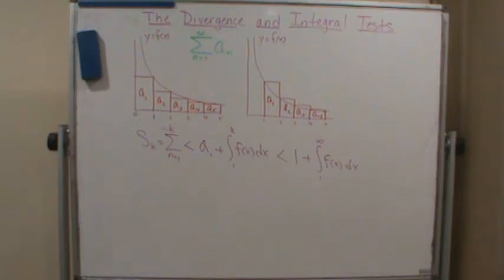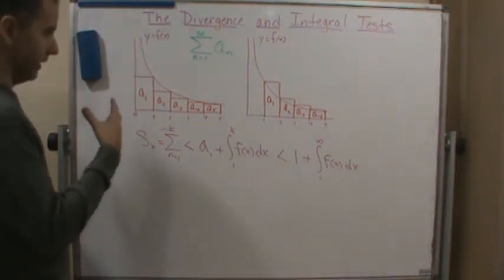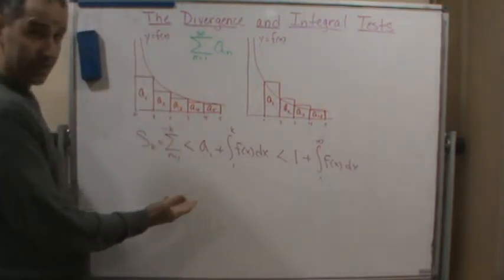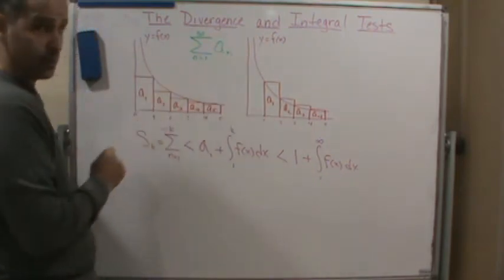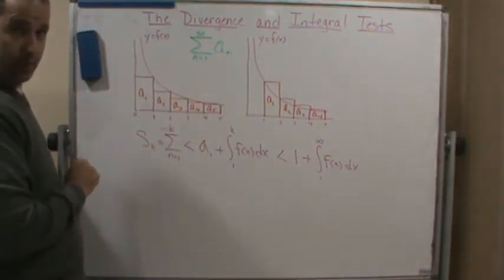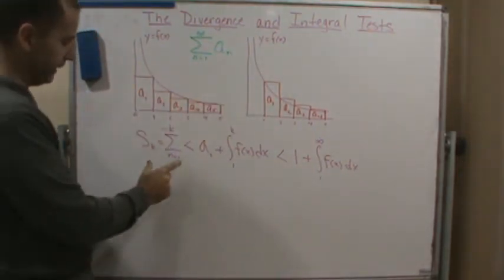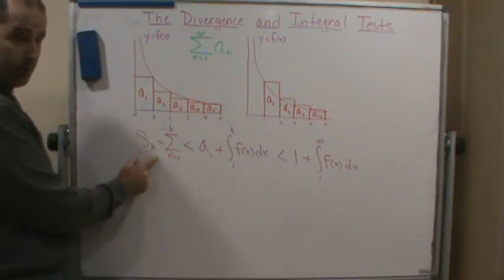So therefore, if the improper integral converges, then the sequence of partial sums is bounded. Now, this is an increasing sequence. Why? Because remember, all of the terms are positive, so it's going to be an increasing sequence of partial sums.